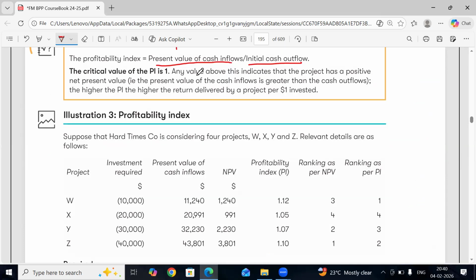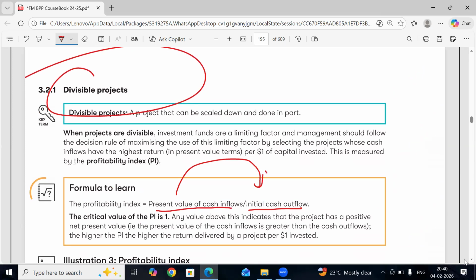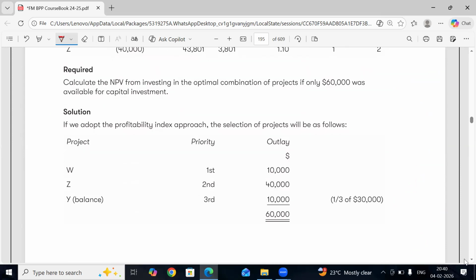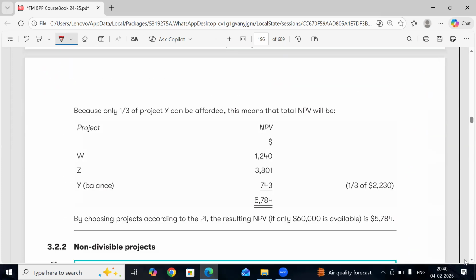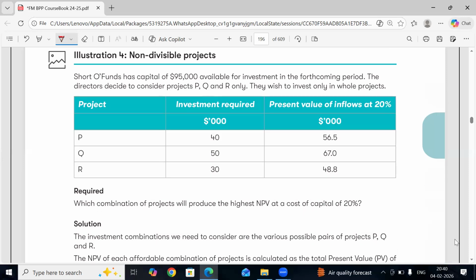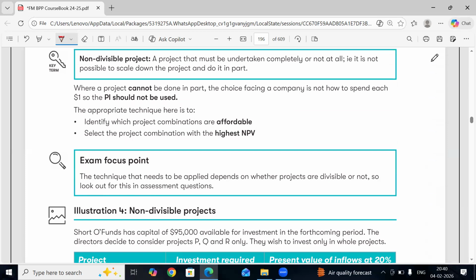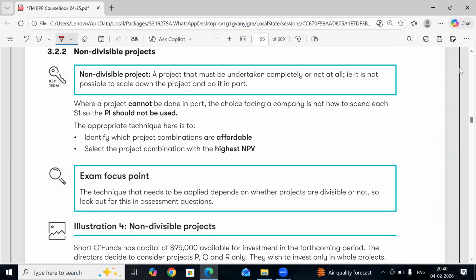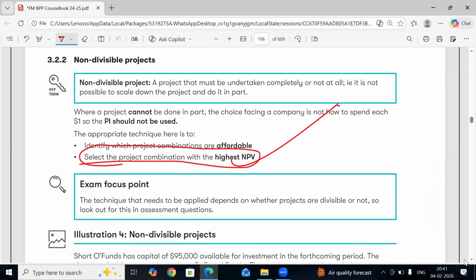When I was taking yesterday's session, for divisible projects you have to take profitability index. For non-divisible projects, NPV.